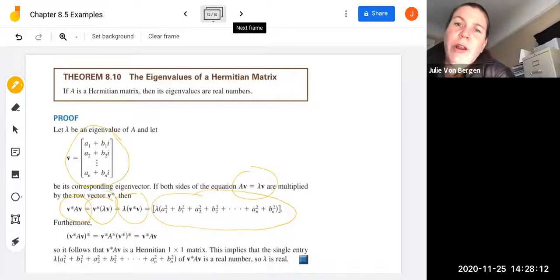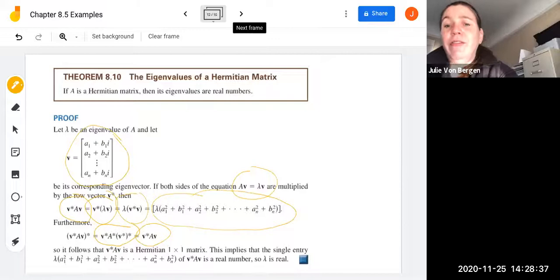Furthermore, for the conjugate transpose of v conjugate transpose Av, we can distribute that through as v conjugate transpose A conjugate transpose v conjugate transpose transpose, because remember the transpose changes the order of our multiplication when we distribute it through. And so that simplifies to v conjugate transpose Av.